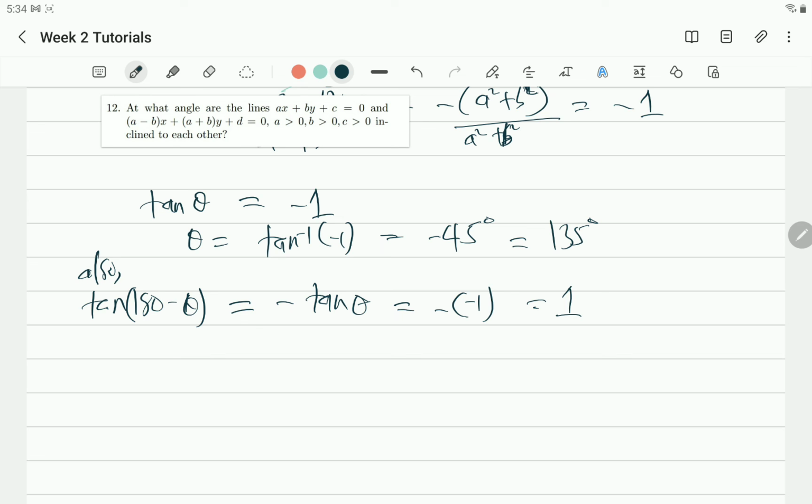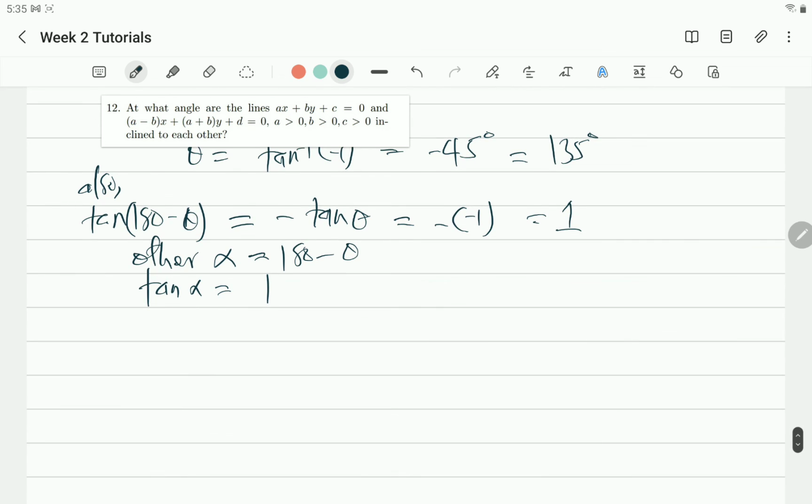So assuming I'm calling the other angle alpha, which is the same as 180 minus theta, then I can have that tan alpha is equal to 1. Then this would imply that alpha is equal to arctan of 1, which is a very popular degree called 45 degrees.